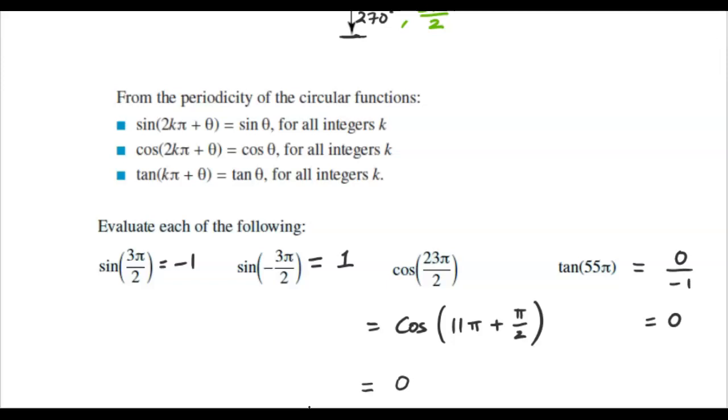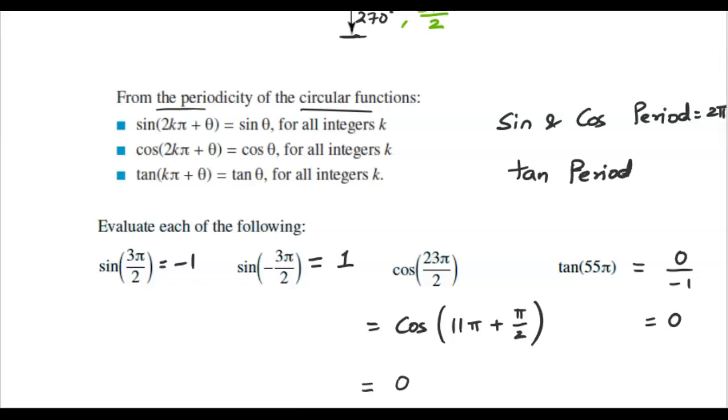Right? Now the basic conclusion for values greater than 2 pi is given by these 3 points here. We know sine and cos functions have a period of 2 pi, and a tan function has a period of pi radians.